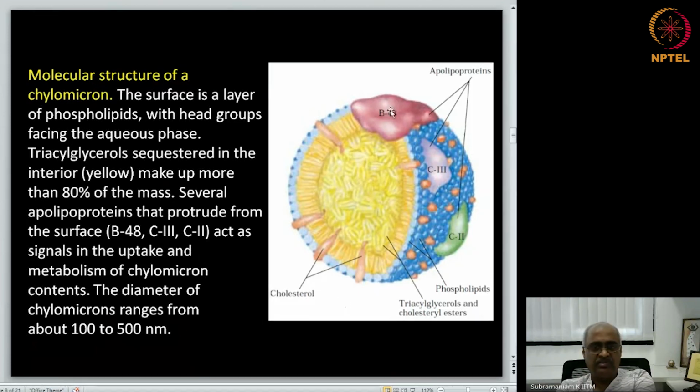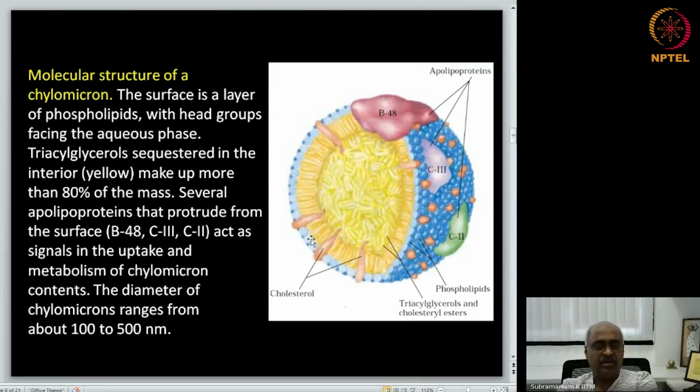Then you have these apolipoproteins embedded in them. These spherical structures are studded with lipoproteins, and these lipoproteins are essential. They act as signals for the uptake, transport and metabolism of the fat.